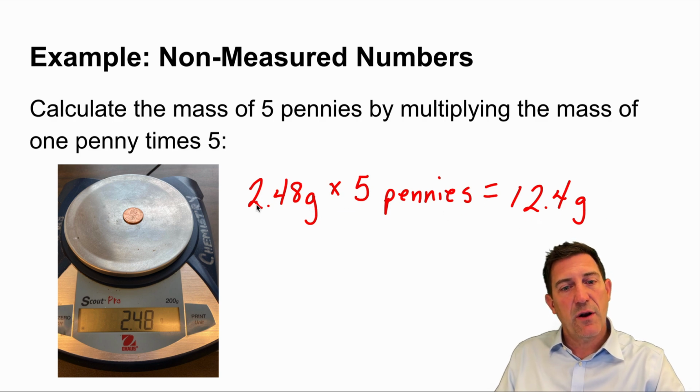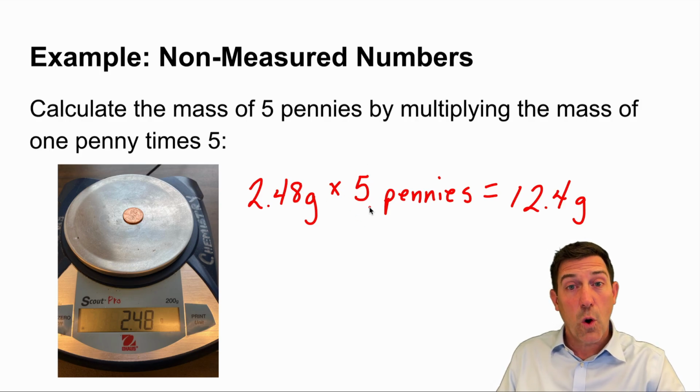So we come over here, there are 1, 2, 3 significant digits over here. And if we're not careful, we would look at this number and say there's one significant digit right here, which means I would need to round my answer to one significant digit. That would mean I'd have to round my answer to 10 grams because that only has one significant digit. That's not right, because this is not a measured number.